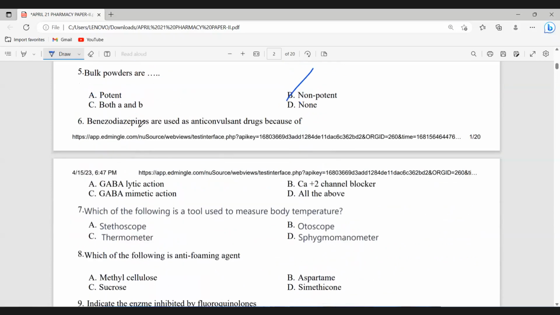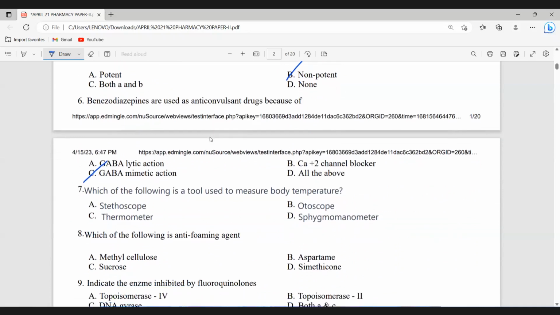Then the sixth question, benzodiazepines are used as anticonvulsant drugs because of what? Because of GABA mimetic action. Mimetic action means they mainly increase the inhibitory activity of the neurotransmitter GABA.